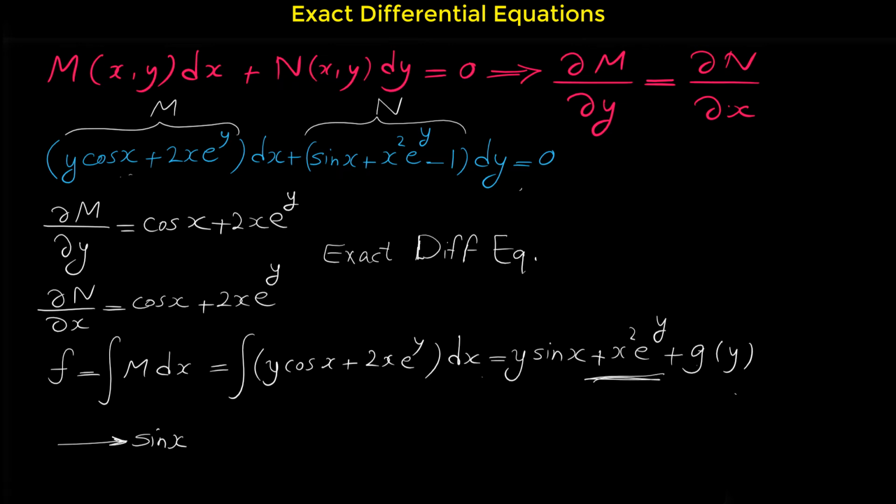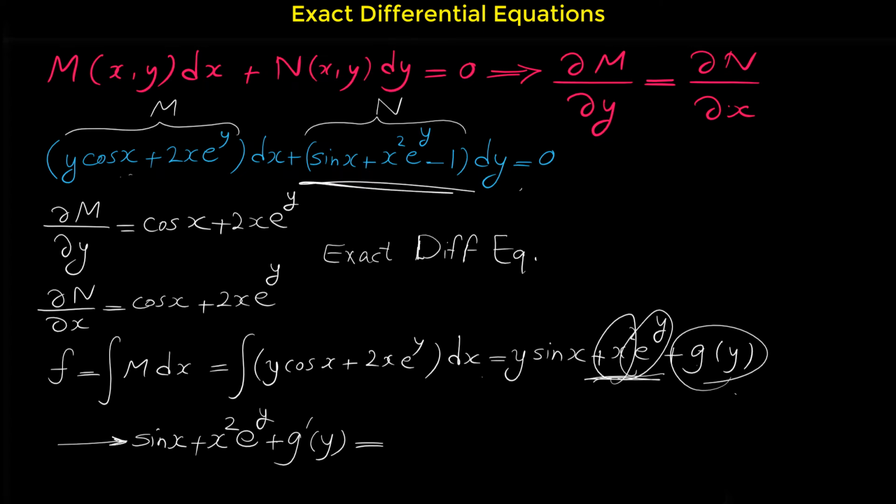The derivative of x squared e to the y with respect to y is, write the constant x squared and take the derivative of e to the y, which is e to the y. And the derivative of g(y) is g prime of y. And this should equal N, which is sine of x plus x squared e to the y minus 1.